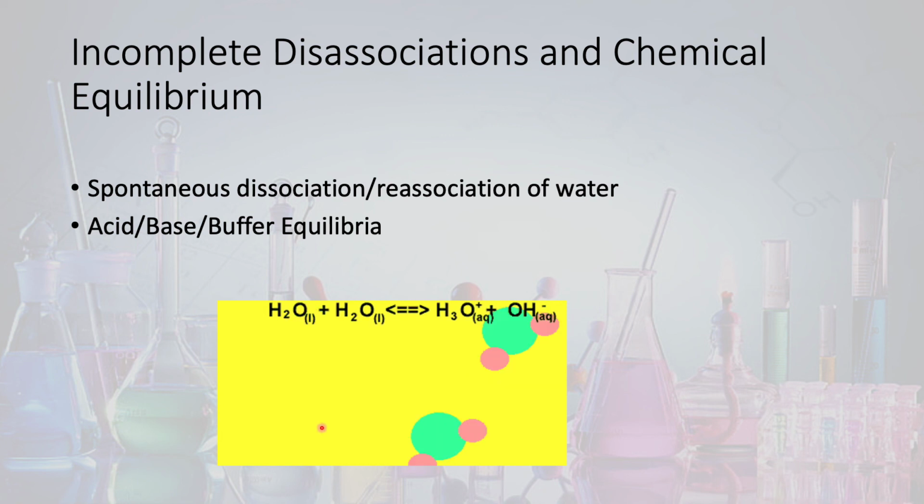And it's also simultaneously undergoing reassociation, where that hydrogen will pop off of the hydronium and reassociate with our hydroxide. So the balanced chemical equation for this is H2O plus H2O will yield H3O+ and OH-. And again, this is an equilibrium reaction, so as it proceeds forward, it proceeds backwards. And this is going to be important when we start to talk about acid-base equilibria along with buffers.